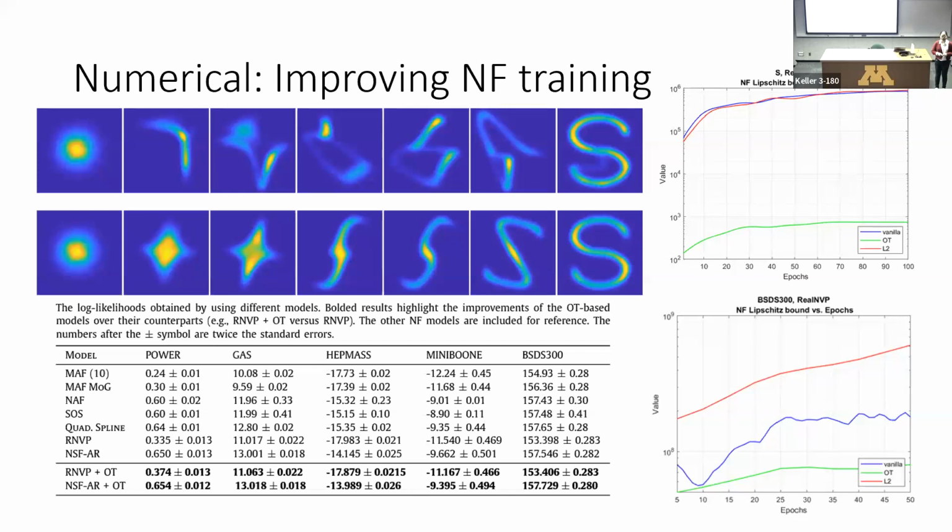And for image, that's a little bit complicated. For image, we use a special type of normalizing flow, which is called Glow. And there are many small steps in that neural network, and that can be a little bit costly.